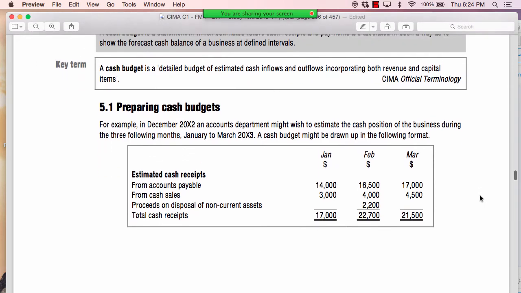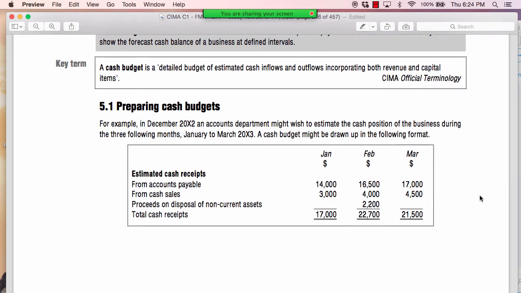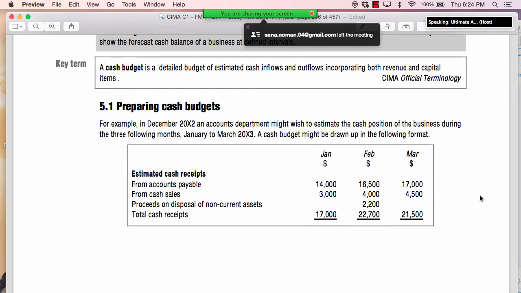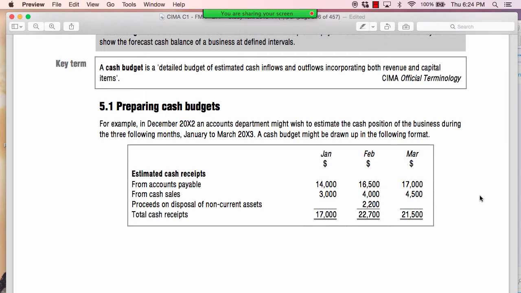So preparing cash budgets is quite important to ascertain at what point you're going to get your money, right? And also anything that you have to pay, for example, you have to pay rental, you have to buy certain equipment at a particular time. So you are looking at what point do I have to make these expenditures?